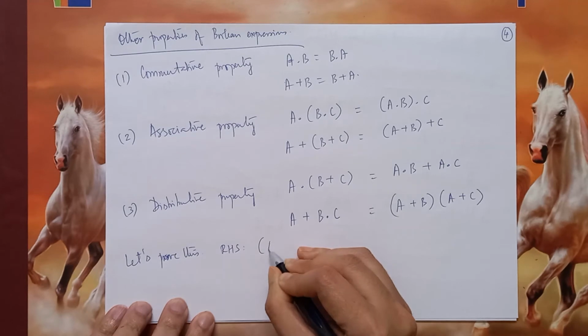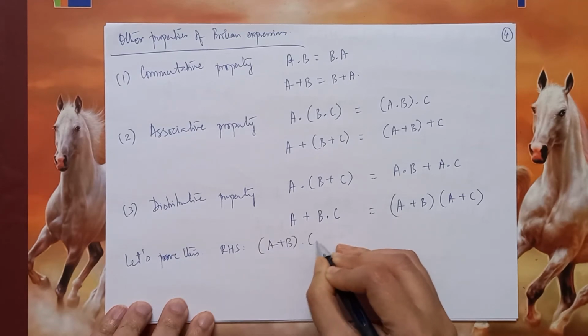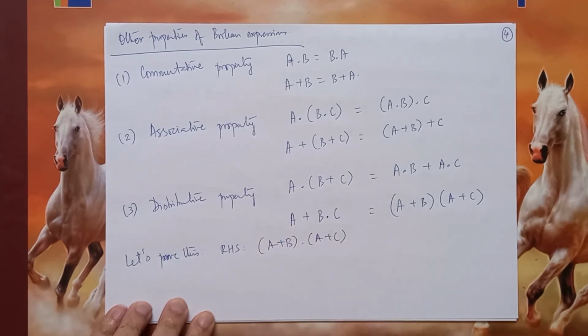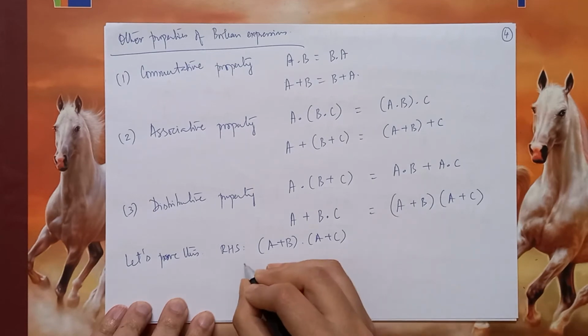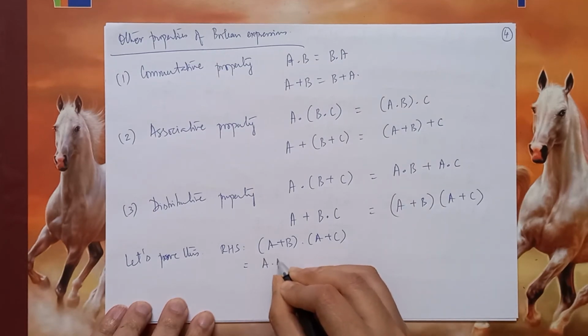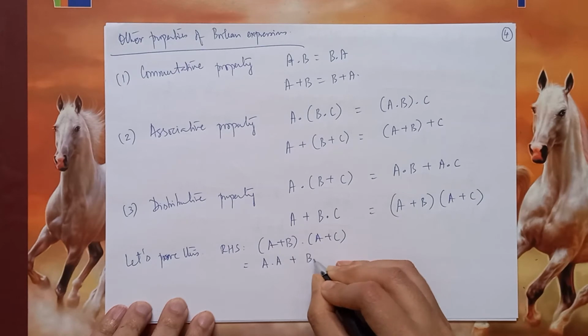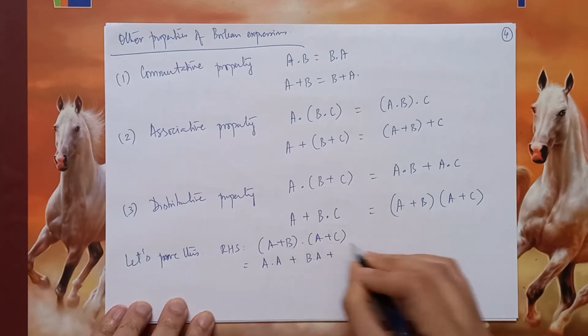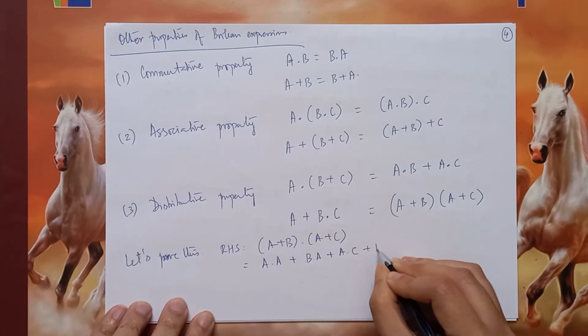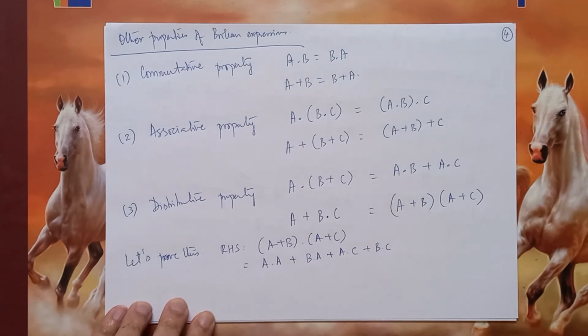The right hand side is A plus B dot A plus C, which if you expand would become A dot A plus B dot A plus A dot C plus B dot C. Now, what is A dot A?